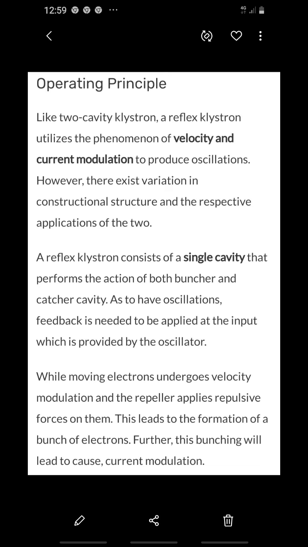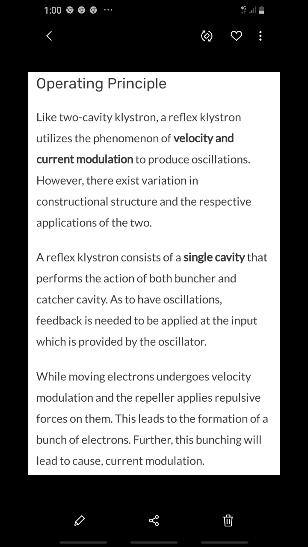Now, the operating principle of the reflex klystron. Like a two cavity klystron, a reflex klystron utilizes the phenomenon of velocity and current modulation to produce oscillations.